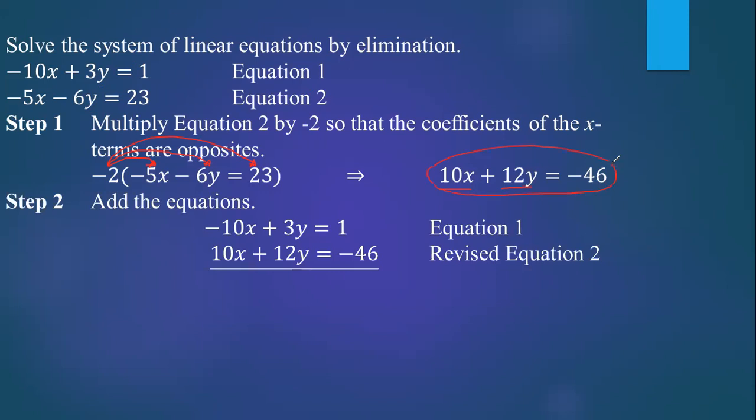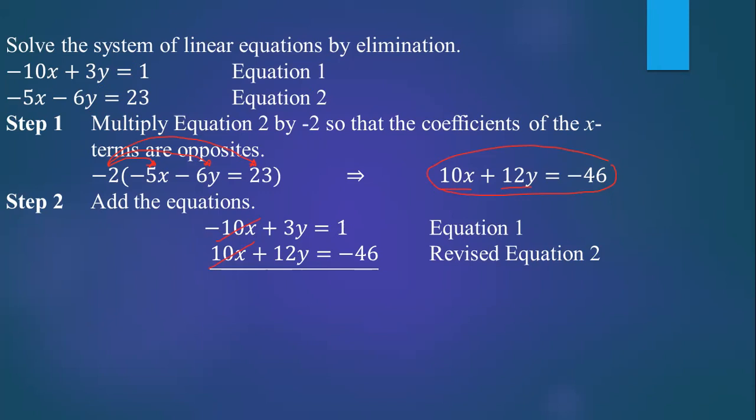All right. So we revise equation 2 and multiply it so that we can cancel out negative 10x and positive 10x. What remains? Positive 3y plus 12y, and you have 1 and negative 46.